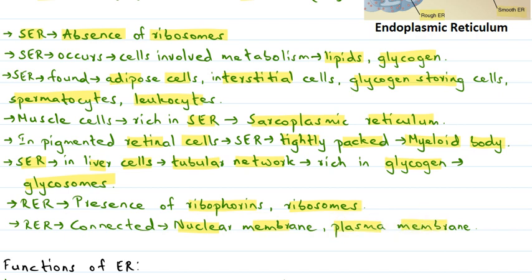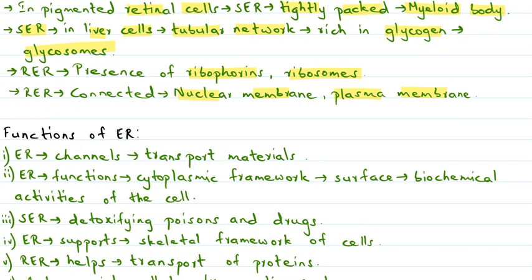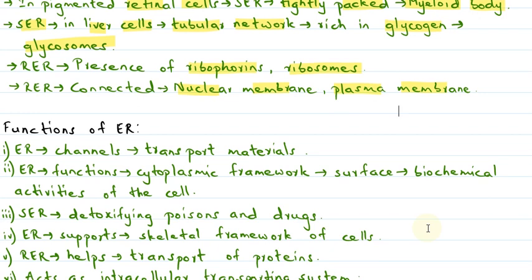Then we discussed about the functions of ER. The endoplasmic reticulum serves as the channels for transport of materials, especially proteins, that takes place between various regions of the cytoplasm or between the cytoplasm and the nucleus.